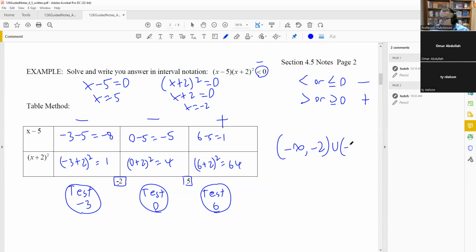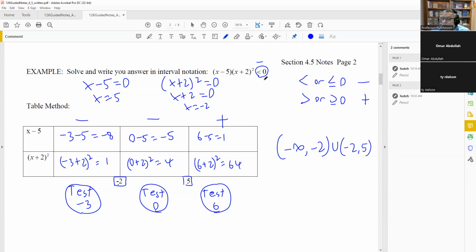Okay, so this is going to be -2 to 5, and that's going to have a parenthesis on it as well. And so that right there is going to be our final answer. Okay, and so that's it. So -infinity to -2, and then from -2 to 5, that's our answer that we would put in this case.